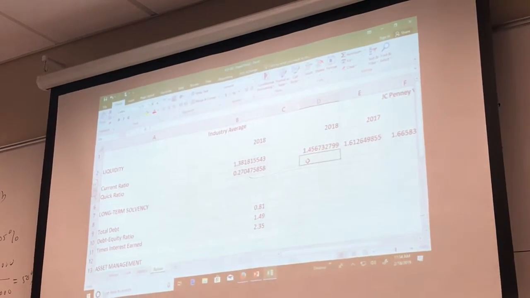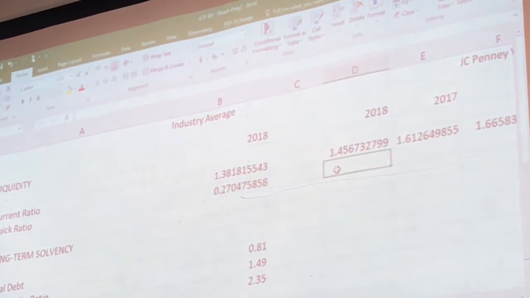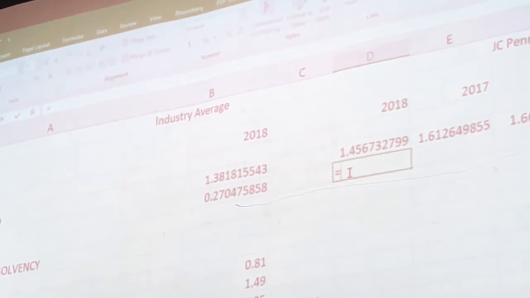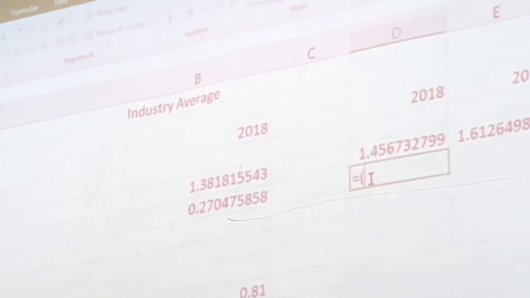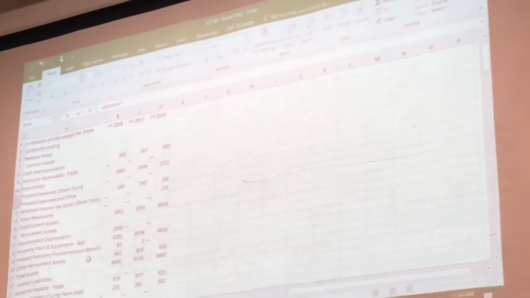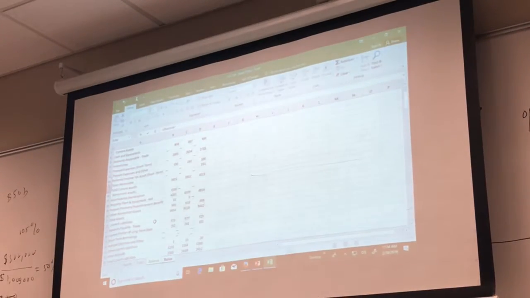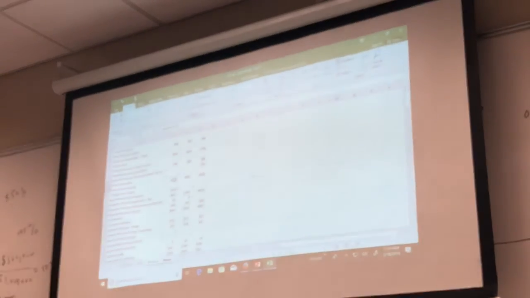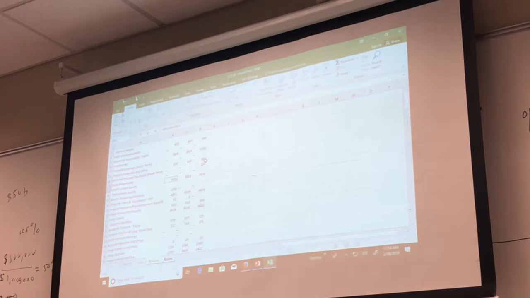Click in this box, which is D5, equal sign, open parenthesis, and then we'll click on, as before, the balance tab, and once again we'll use total current assets, which is going to be here, B15, minus, we need to subtract inventories, which is B10.